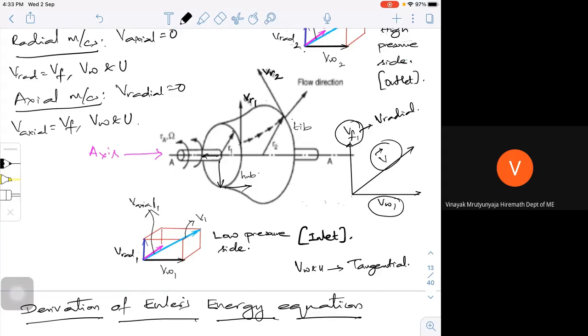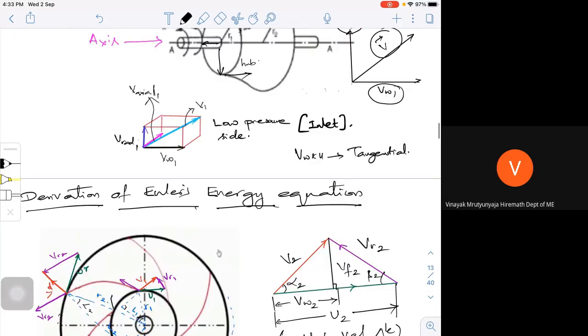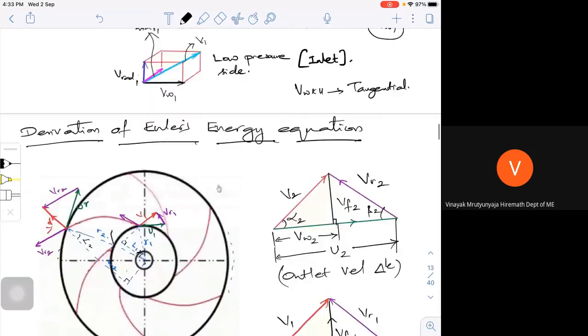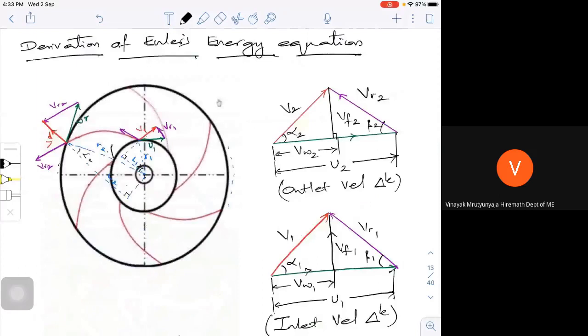Is that clear? Now, once you understand this, let us try to derive it. What I have taken is a front view, or meridional view, whatever it may be. This is called the hub.